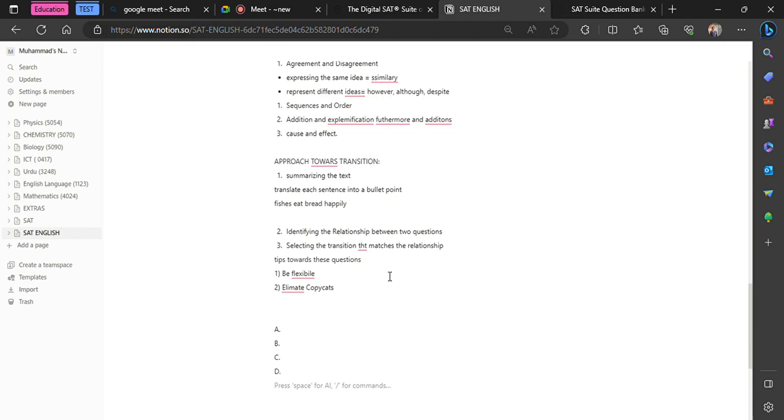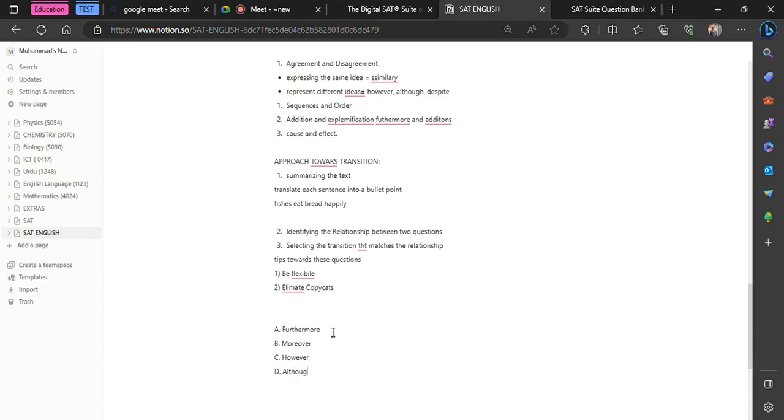And in the case of transition questions, if there are going to be, for instance, let's say furthermore, moreover, however, and although, right?